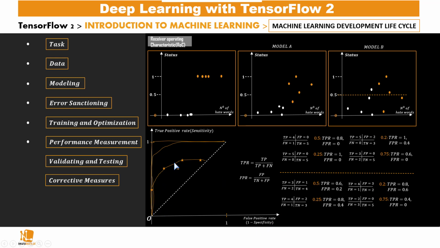Unlike model B, where the highest possible true positive rate we could get here is 0.8, even though we could have a false positive rate of zero. But having a false positive rate of 0 is very detrimental to the true positive rate, since at 0 false positive rate we have a true positive rate of only 0.4. So we can pick this point right here.